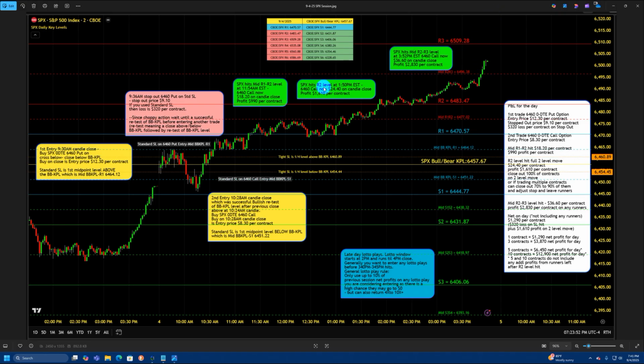At this point though, when it's gone to hitting a full 2 levels above, you would exit all of your contracts, or if you're trading multiple contracts, such as, for example, 4 contracts, 5 contracts, or more, you could sell 75 to 90% of those contracts, and of course that would depend on how many contracts you're trading.